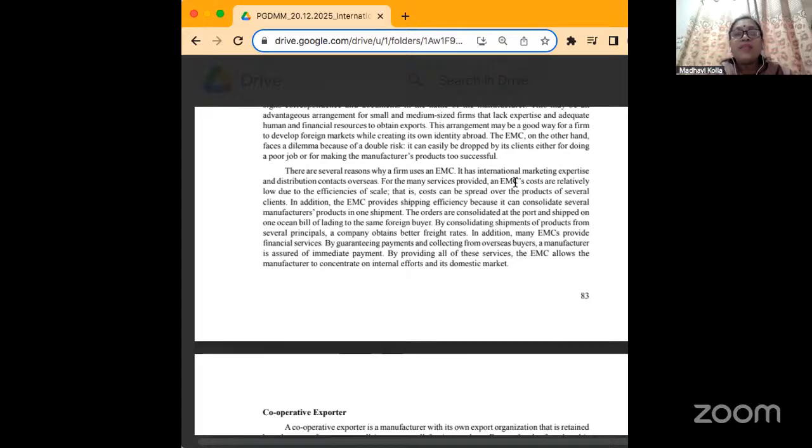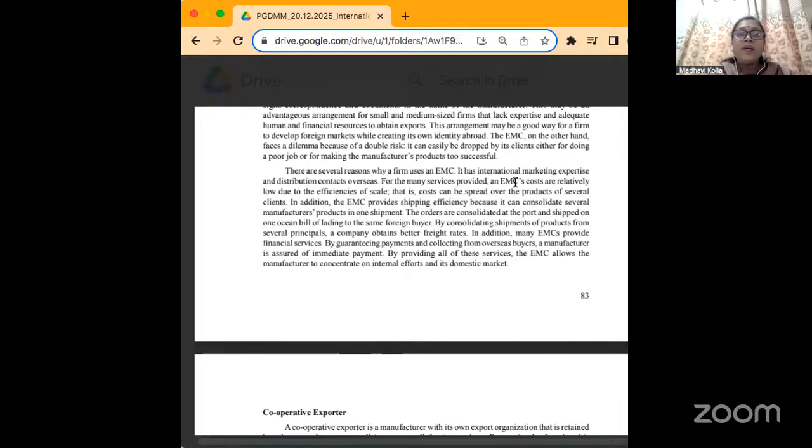And for many services that are provided, EMC costs are relatively low due to efficiencies of scale. However, we also need to consider that the costs are spread over products of several manufacturers. So that is why also the costs come down when you go to an EMC.